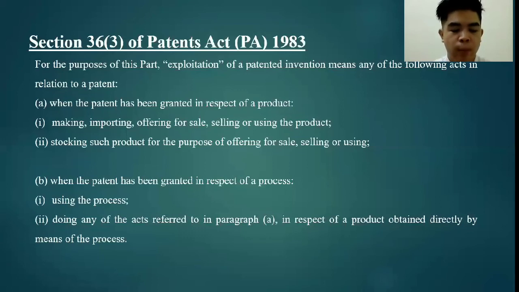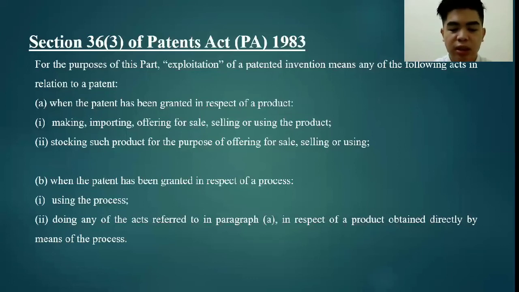Now, under Section 36, subsection 3A, it states that when a patent has been granted in respect of a product, the owner of the patent shall have the right to exploit the patent by making, importing, offering, selling, and using the product, and stocking such products for the purpose of offering for sale, selling or using.